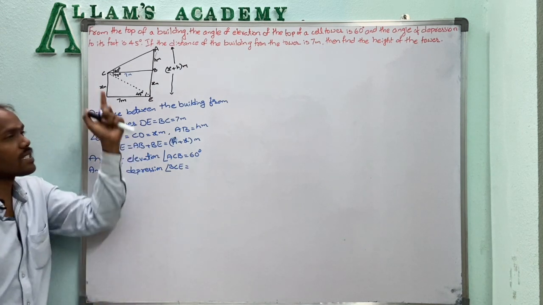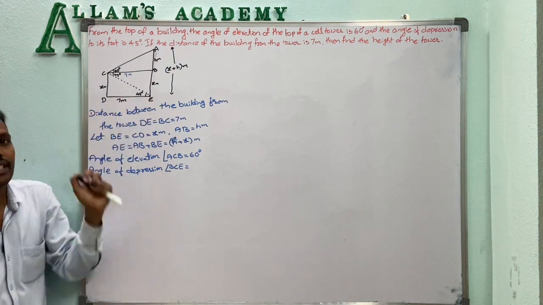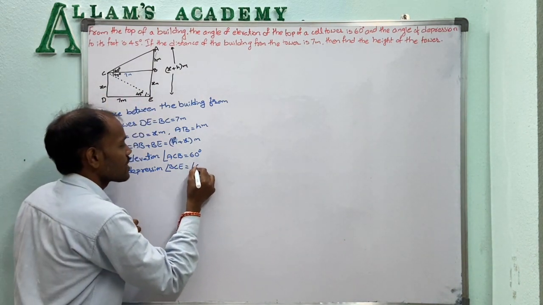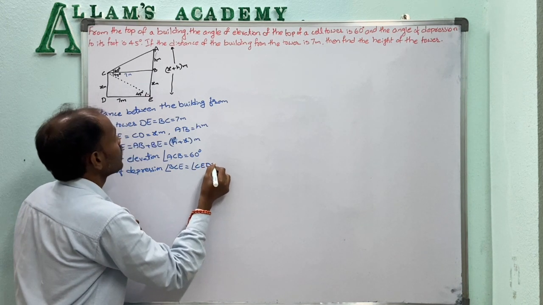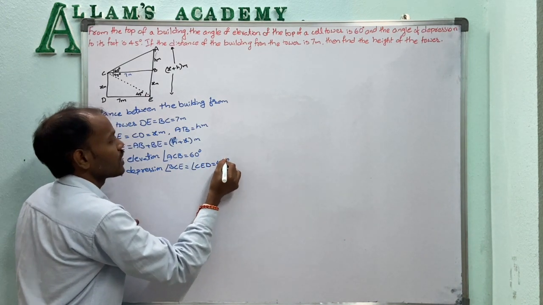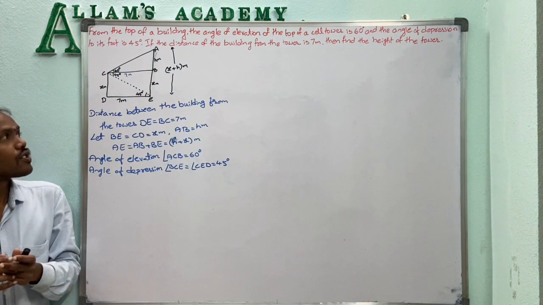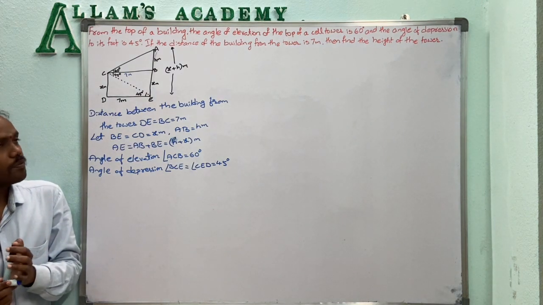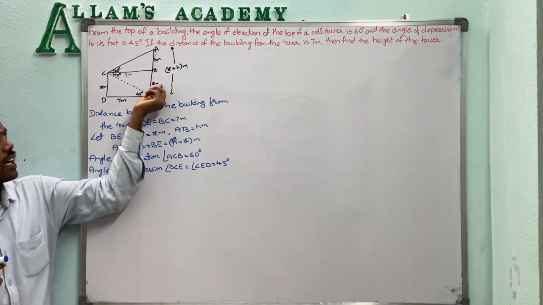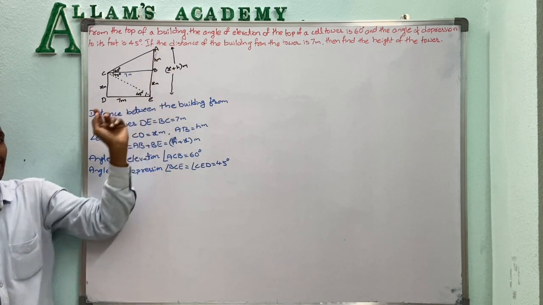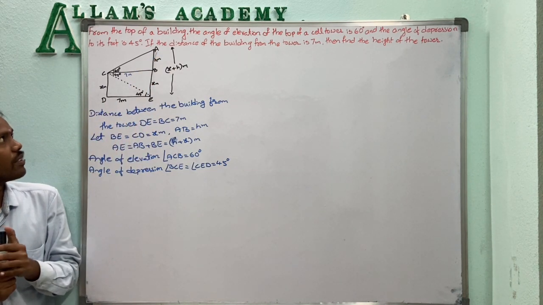So depression is nothing but angle CED. Angle CED equal to 45 degrees. So for finding this, if we know the x value, then easily we will find the x plus h value.